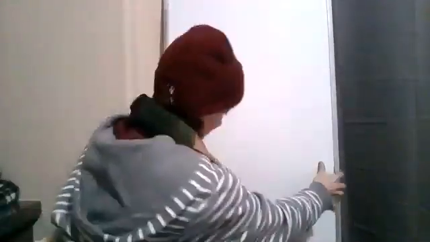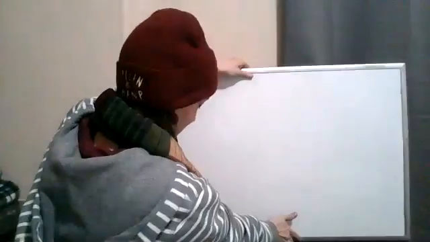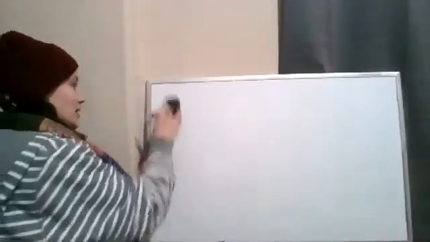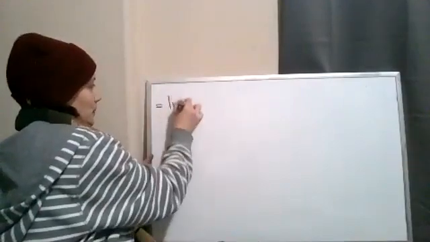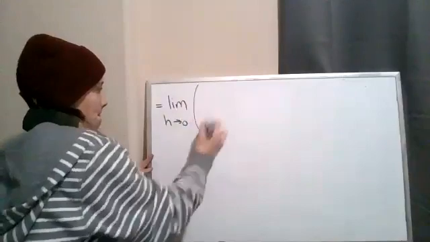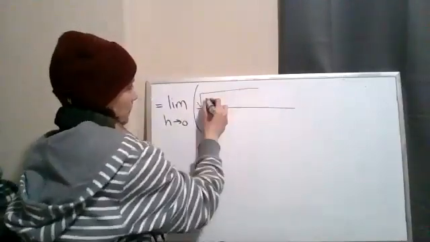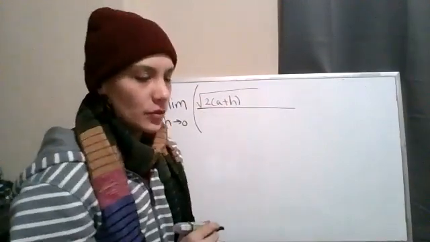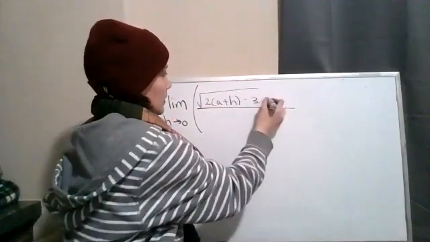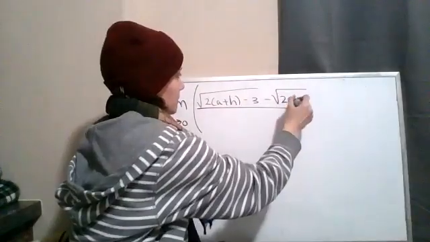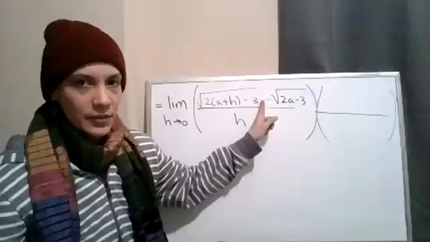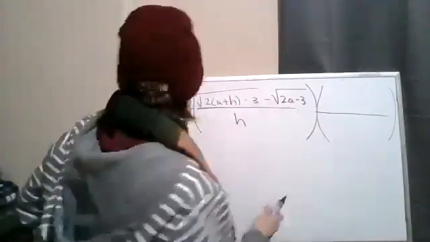Back to sideways. We're going to need a lot of space. Say 2 times a plus h minus 3. Okay, so I'm just going to copy down, but with a different sign in the middle, what this is.